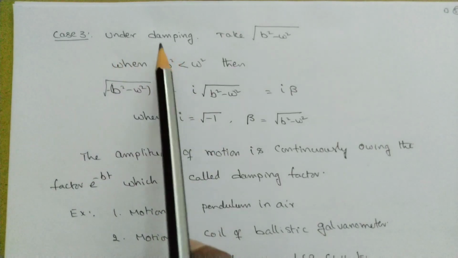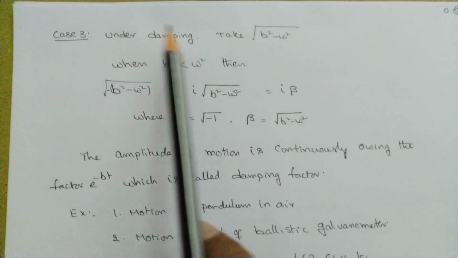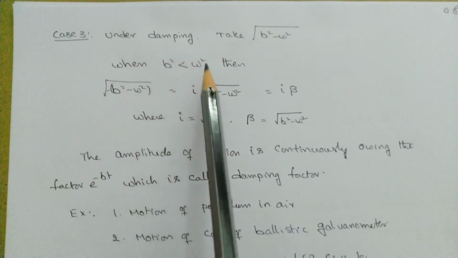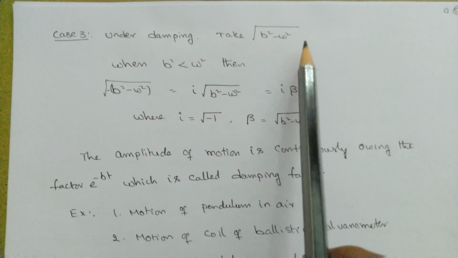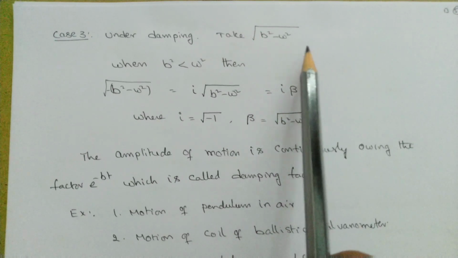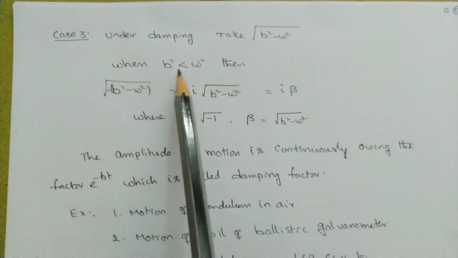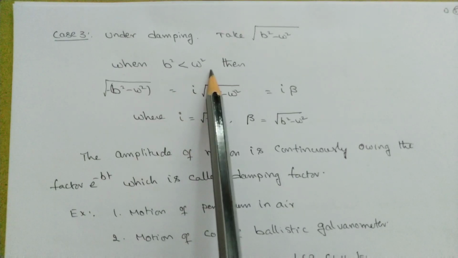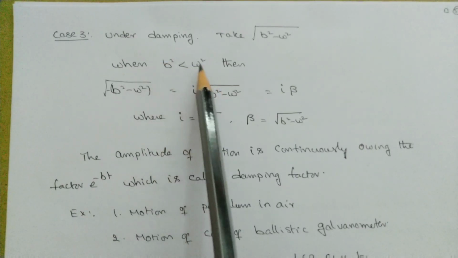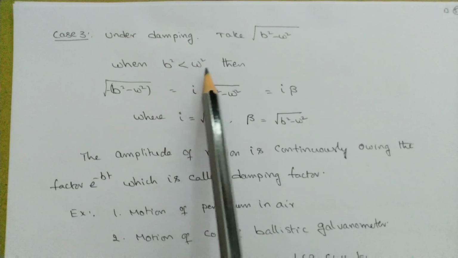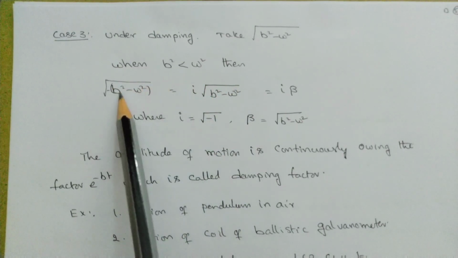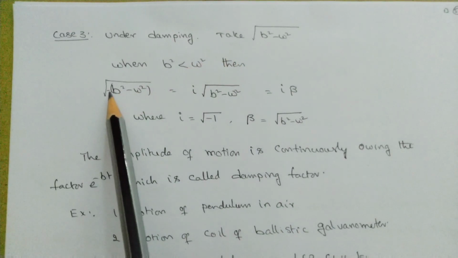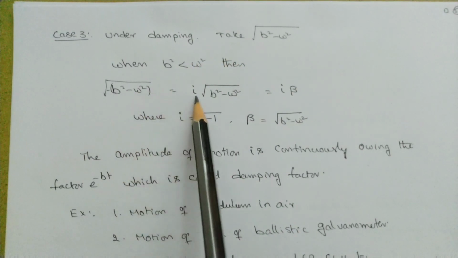In the third case, underdamping. That means the damping is very much less than the spring constant. So again we have to take the equation root of (b² - ω²). Here b² is less than ω², when the damping constant is very much less than the spring constant, then this becomes minus of (b² - ω²).